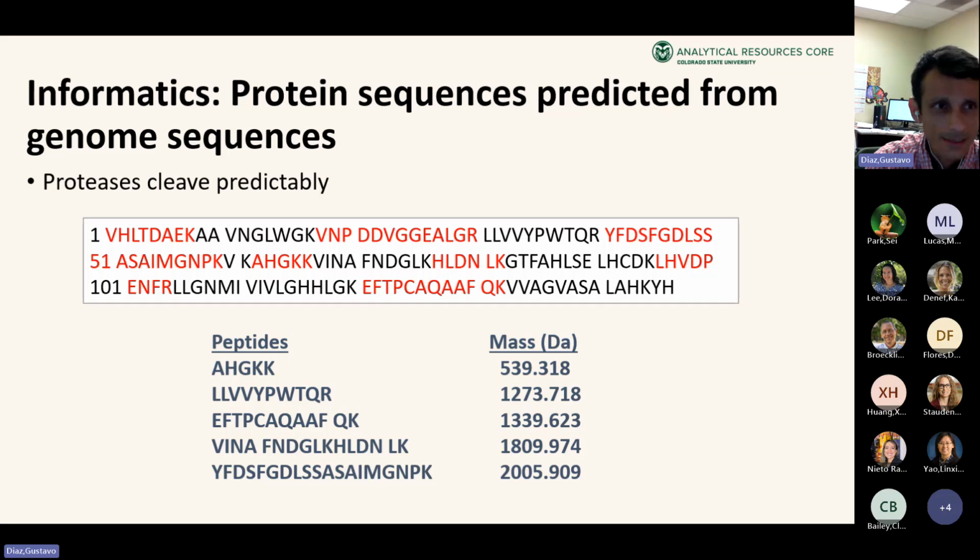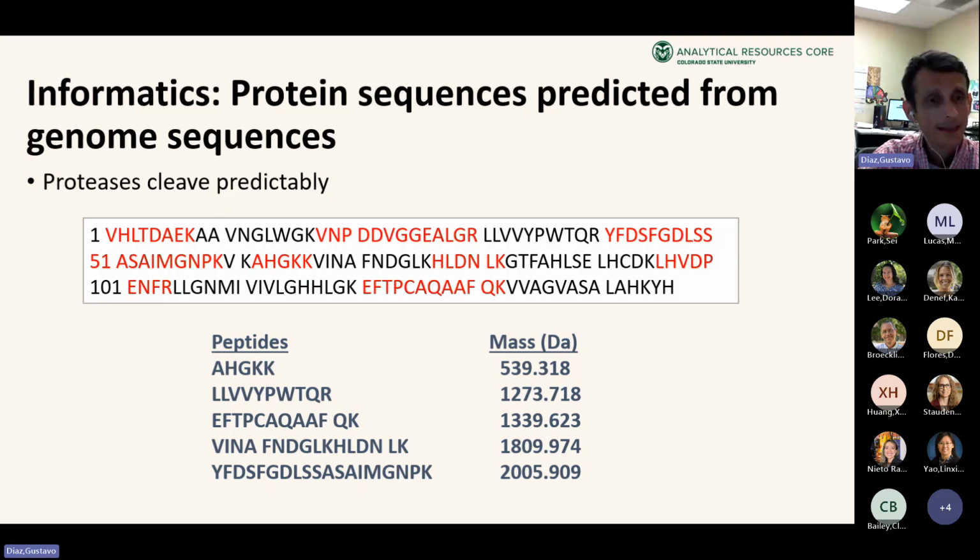And using in silico tools, we conduct the exact same procedure as we did with our experimental samples, in silico. So we cleave the amino acid sequence using a protease, and we get all the theoretical fragments from the sequence, similar to what we get in the MS1.